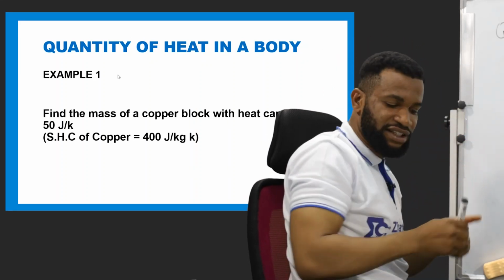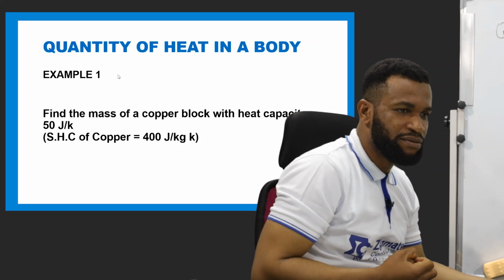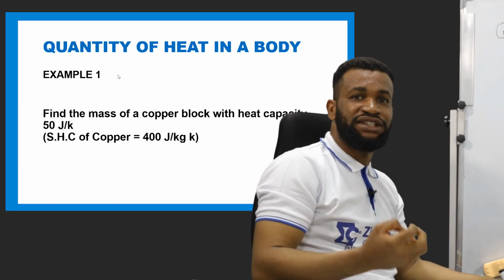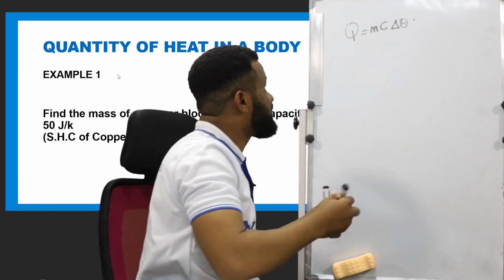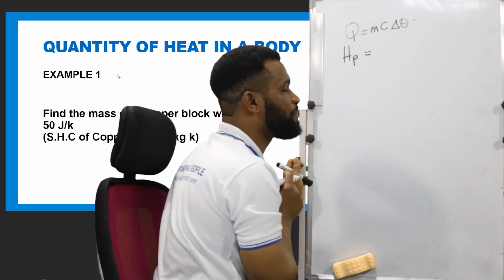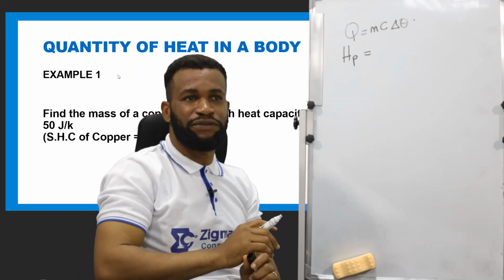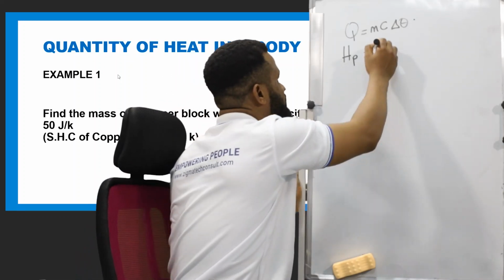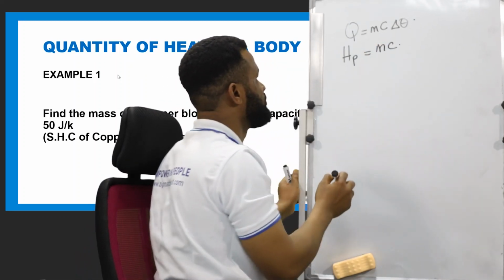Now, there is another quantity of heat which we call heat capacity. This heat capacity is given as, I like to use HP for heat capacity. Different textbooks use different parameters for this. And that heat capacity is given as MC, you know?